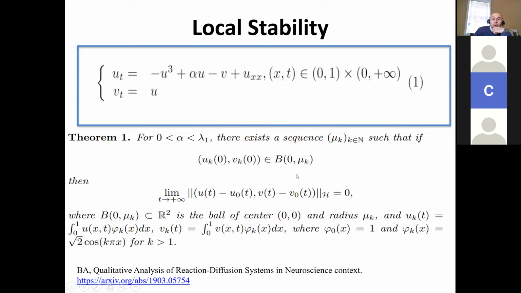There is some ball of radius mu k such that if you start in this ball, so mu k is going to be small, then my solution is going to converge to the first projection, okay, on the L2 space.